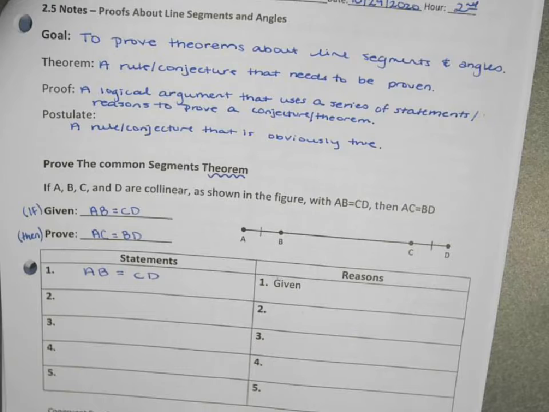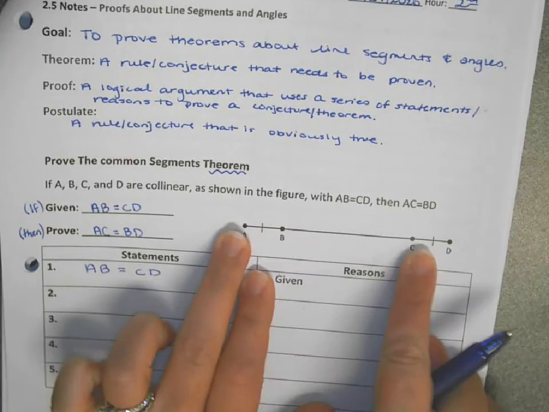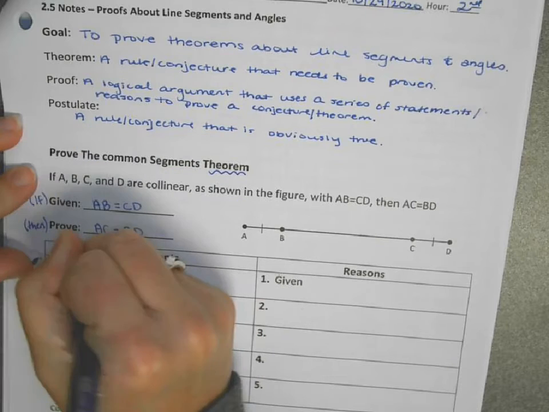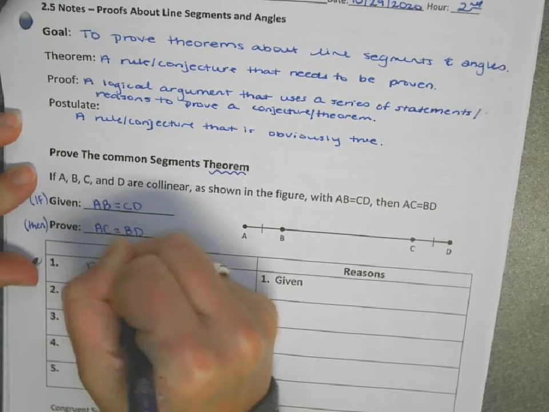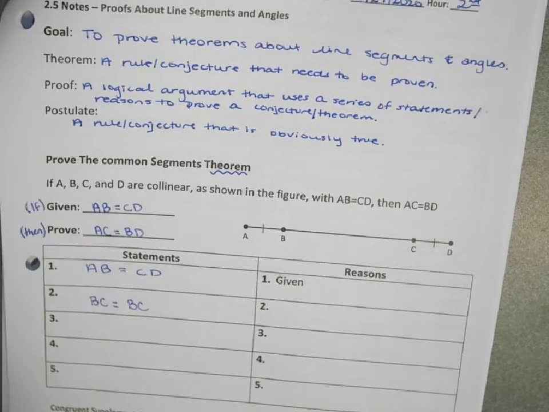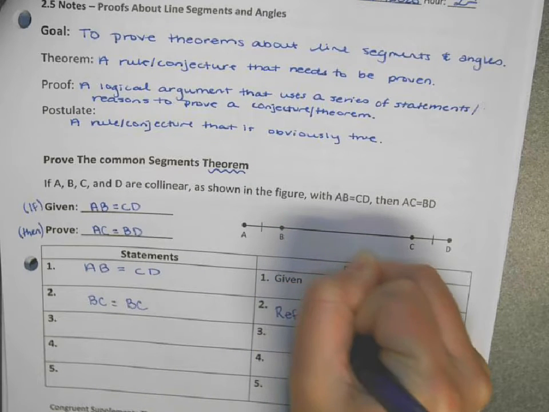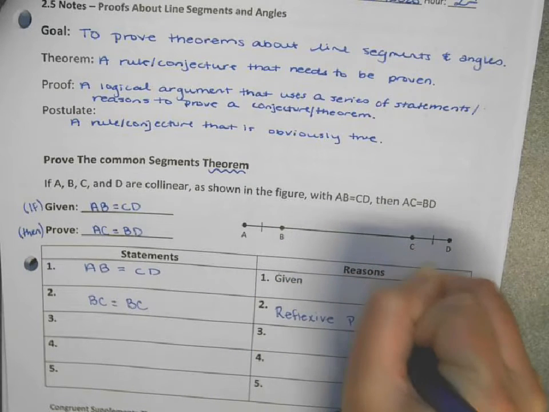Looking at this, I know that I'm going to be adding this middle segment to both sides. So BC is equal to itself. Okay, so that's the reflexive property of equality.